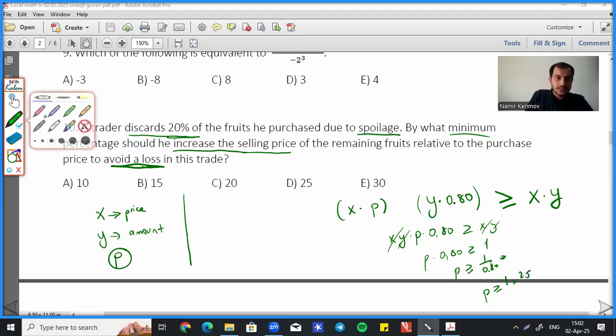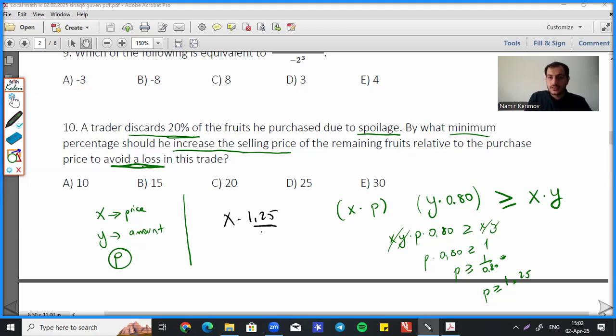So that means we multiplied X by 1.25. So it means at least we have to increase it by 25%. If we increase it by 25%, the total cost will be the same. That's why we say the minimum increase should be 25%. D is the answer.